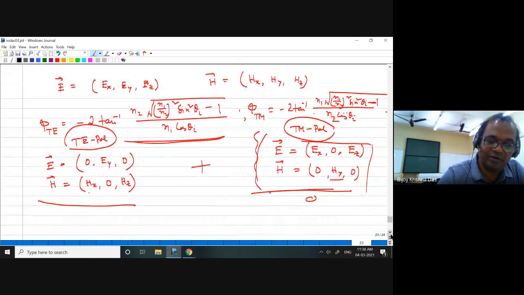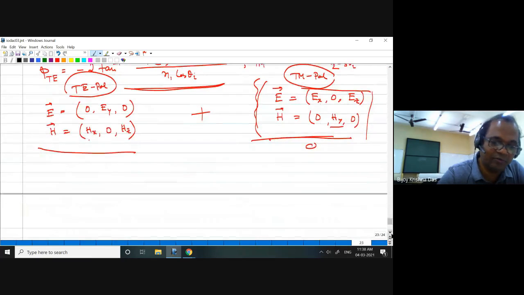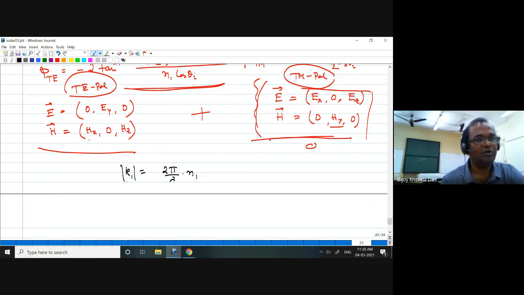Suppose k1 is known to you. What is that? 2 pi by lambda times n1, right? This is k1, it is a vector. But this k1 has some angle theta I with respect to the x-axis.